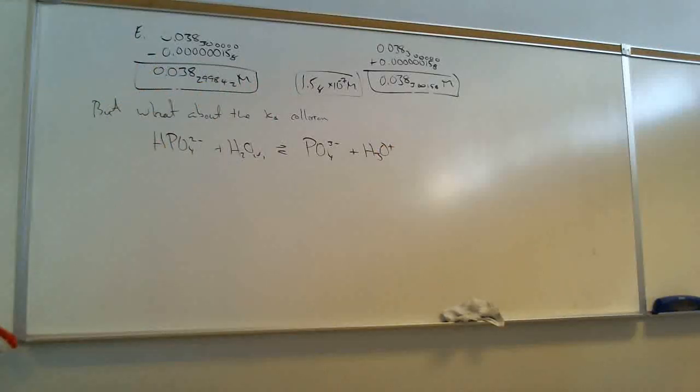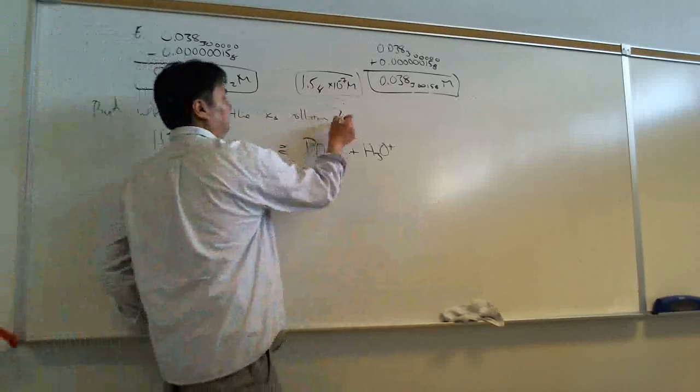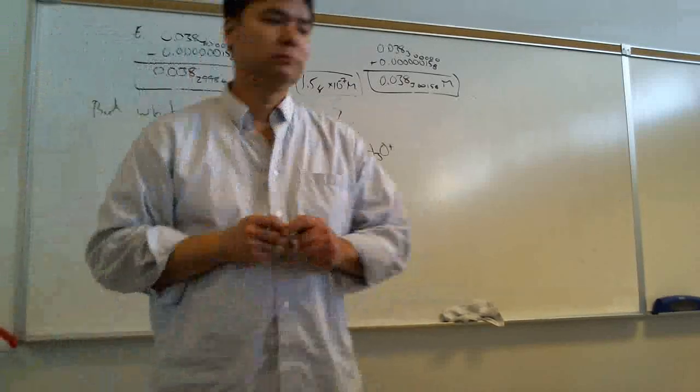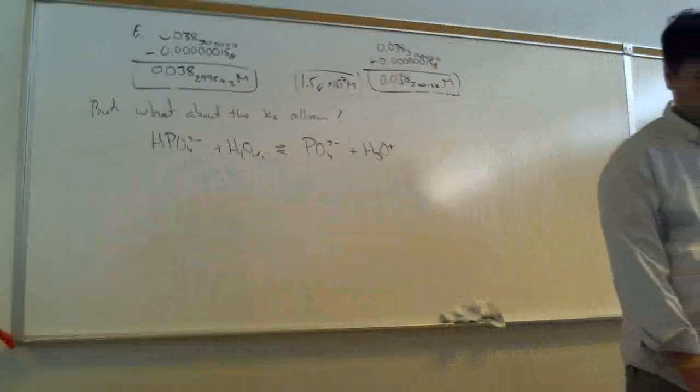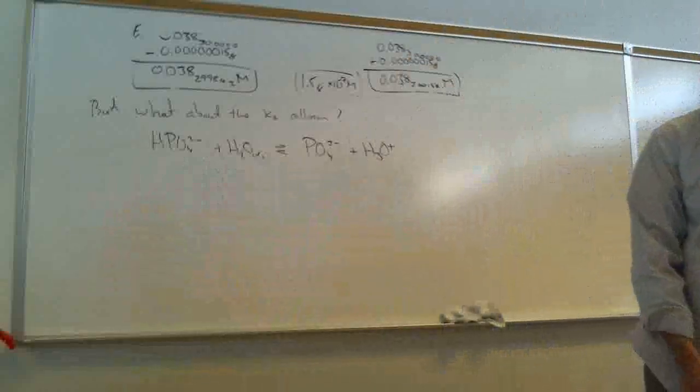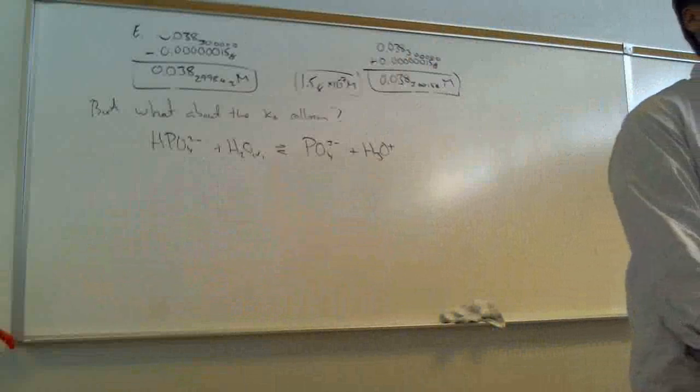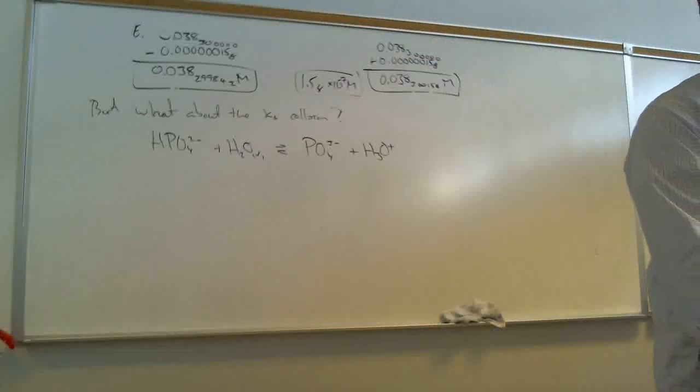So what about the Ka collision? Does the Ka collision happen? Yes. Can you stop or prevent the Ka collision from happening? No. And so do we have to do the ICE for the Ka?